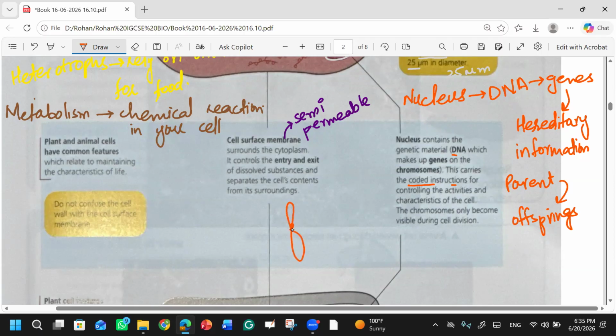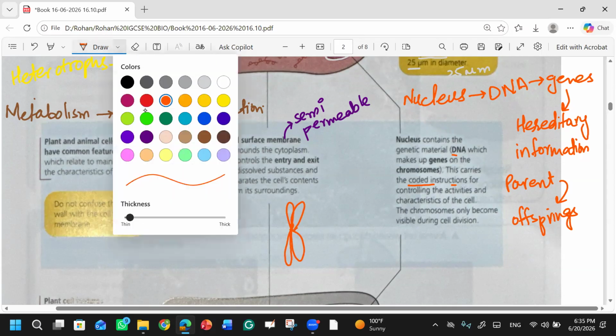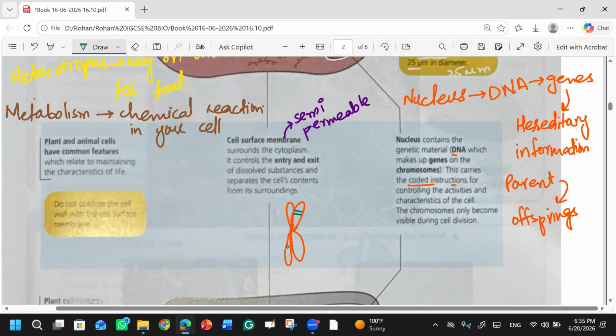On this chromosome you have different kinds of genes. In those genes there is information that is encoded in the form of codes. Different codes are there for specific functions. So this is how the nucleus controls your cell.